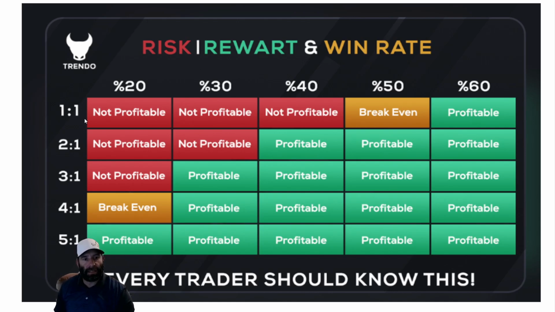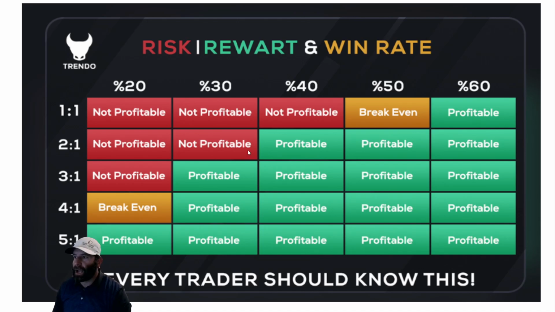If you can always stick to your risk, let's say $100, if you're risking $100 per trade, and not let your $100 losses get to 150 or 200, then you can make sure that you stay in this green area here. So that's one thing I love about this chart, is that it keeps me disciplined to not let my losers go too far, because I don't want to skew my results over the long term.